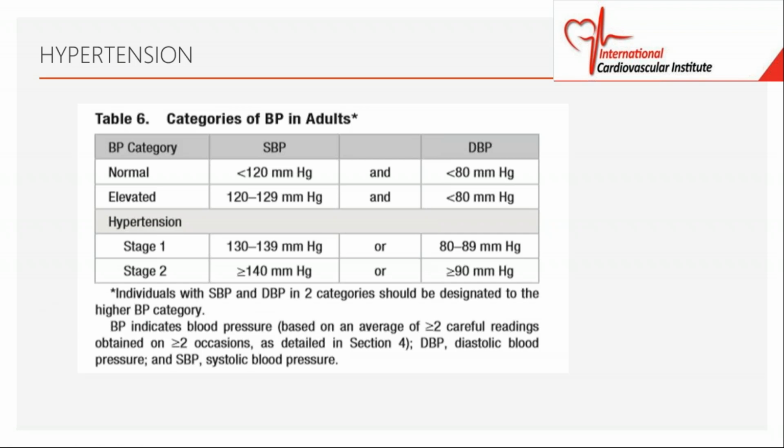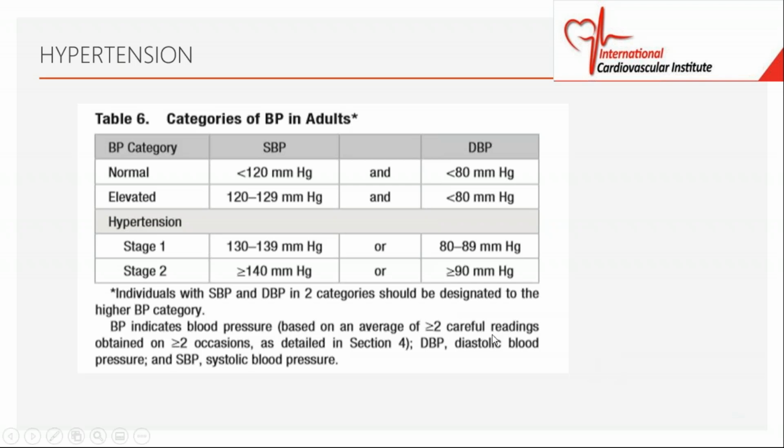And when you're doing blood pressures, you want to get more than 2 readings, but not at the same time. We used to just separate the time, a few minutes.